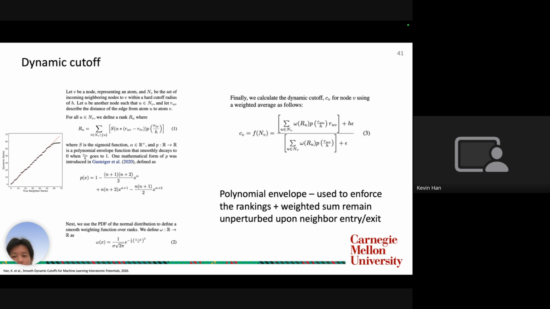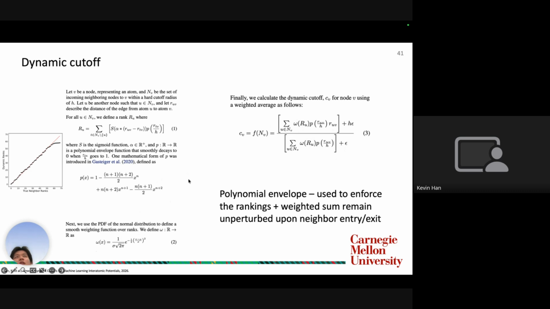Note, it's not a smooth weighting function over the neighbor distances, but rather over the ranks that we've calculated. We use this to construct a kind of goofy weighted average of the neighbor distances, where the weights are this weighting function applied on top of the calculated ranks, right?